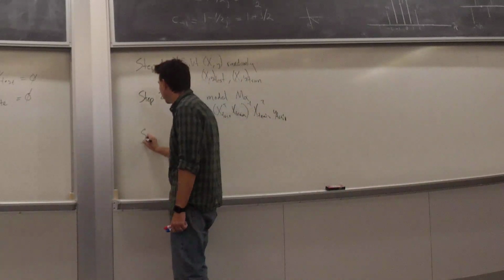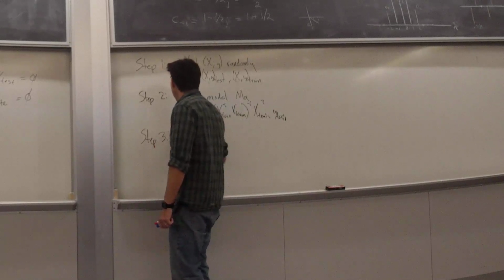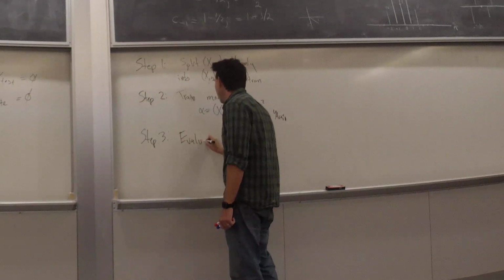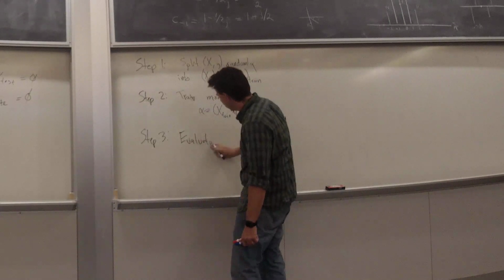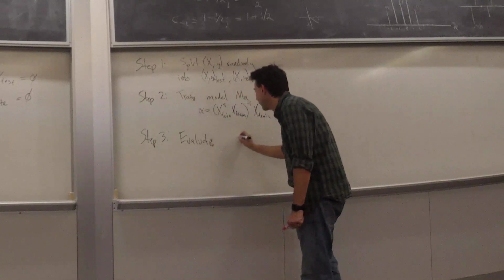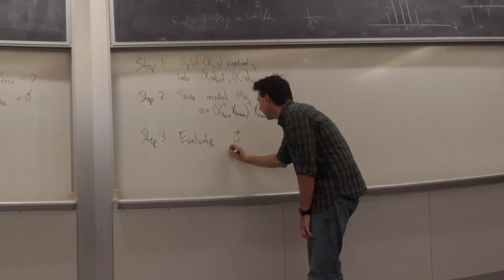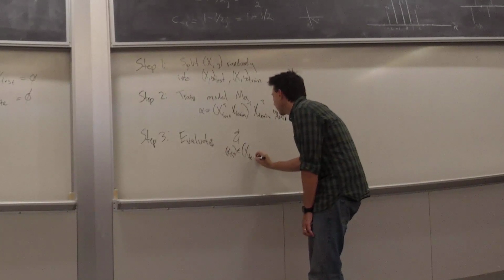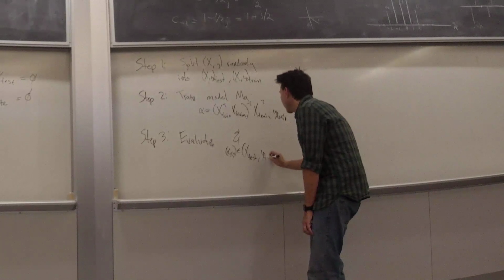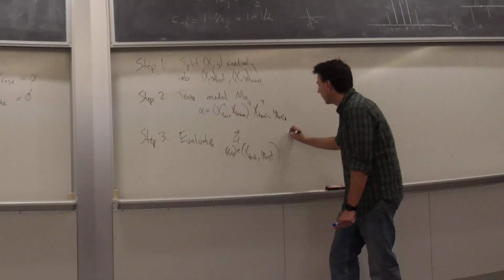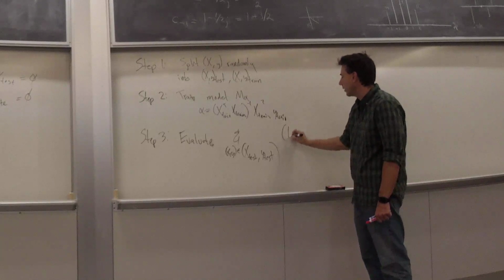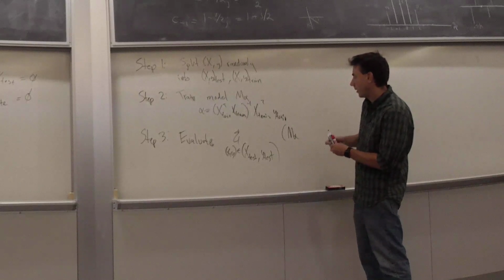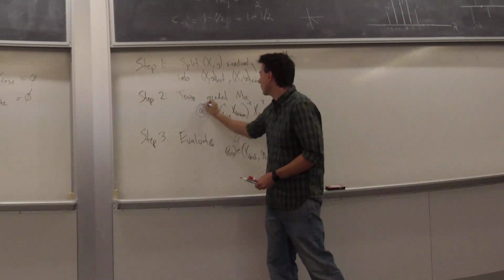And then step three, I'm going to evaluate. It'll be something like, for x, y in x test, y test, I'll do something like the squared error of the model alpha, and this came from here, right?